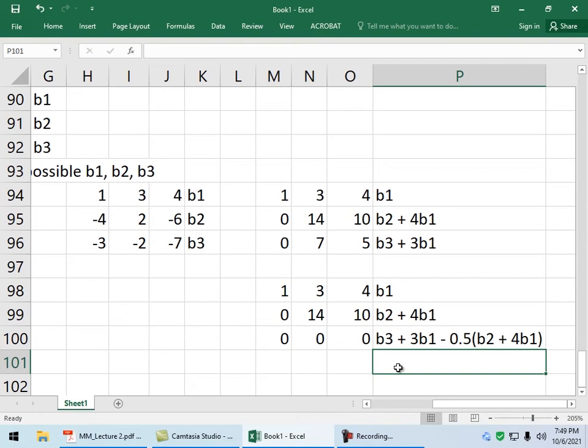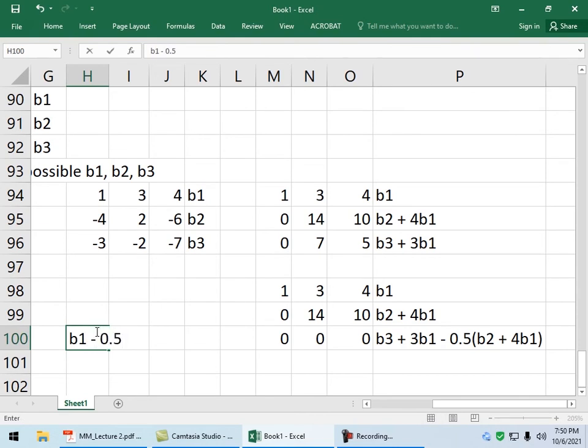So what should we see here? That the third entry in column 4, this one, is b1 minus 0.5 b2 plus b3.